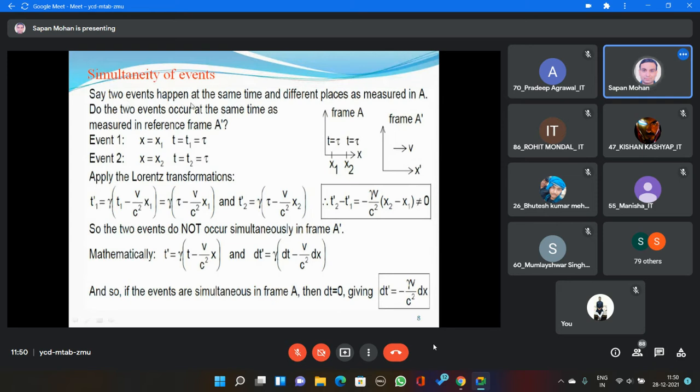The two events that happen at the same time at different places in one frame do not occur simultaneously in frame A dash also. So there is a change in the time. That is called simultaneity of events.